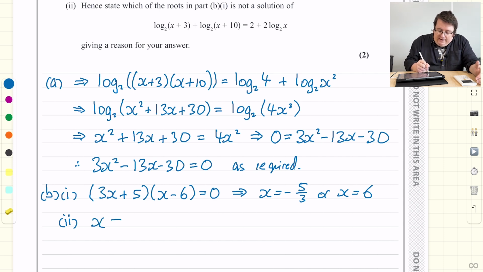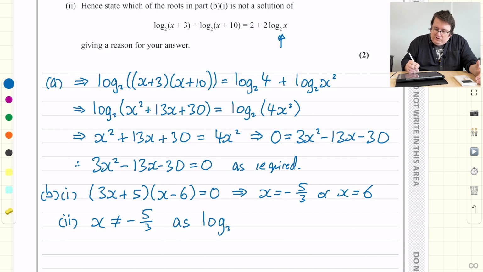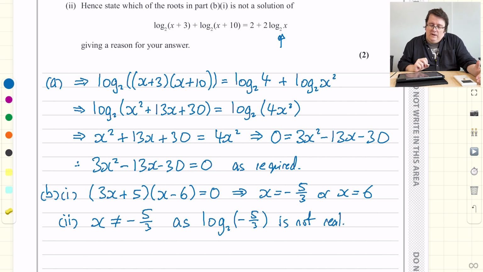So x cannot be equal to minus 5/3, and the reason for that is because you can't substitute minus 5/3 into here, your right-hand side, because you won't get a real solution, as log base 2 of minus 5/3 is not real. Okay? And so, that is my answer to question number 3.